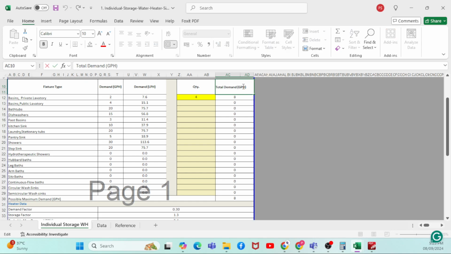If I calculate my total demand in liters per hour, I will multiply by my total fixtures, then I can get the total liters per hour.